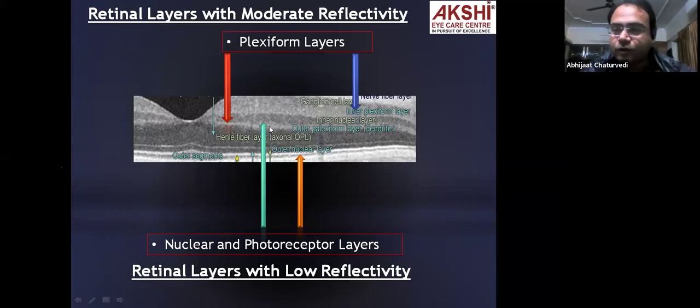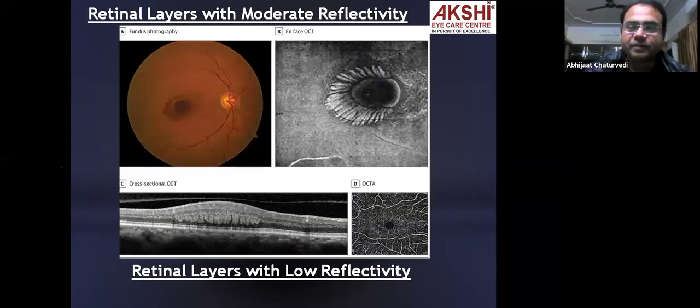Now, why do you need to know this? Because when you see something like this, it happens in that particular part. So this is outer Henle hemorrhagic maculopathy. This is not seen very commonly, but I have personally seen a case in my fellowship days, and at that time I learned the importance of knowing the anatomical arrangement of these fibers.